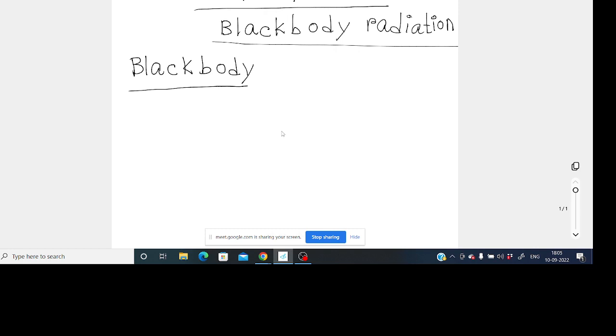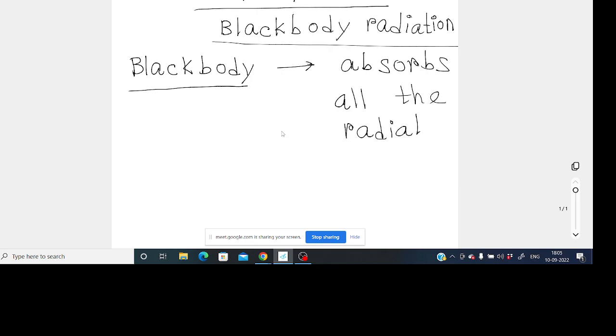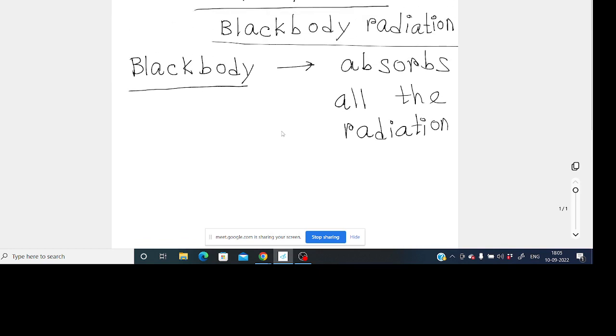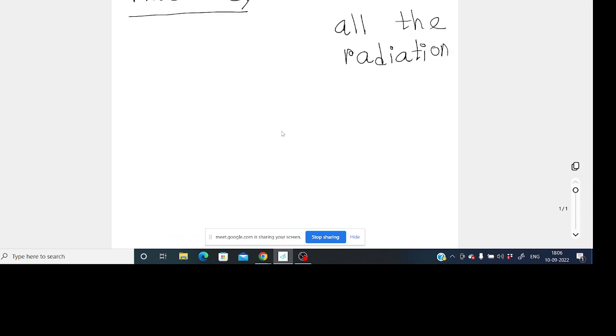Okay. So we'll start with Planck's law of blackbody radiation.